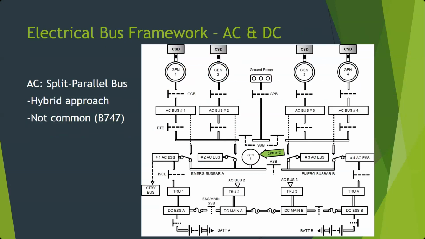I can't remember exactly how the green hydraulic system on the 747 is driven, whether it's directly driven off one of the engines, or it has a pneumatic pump on it. I'd have to look at the hydraulic schematics.